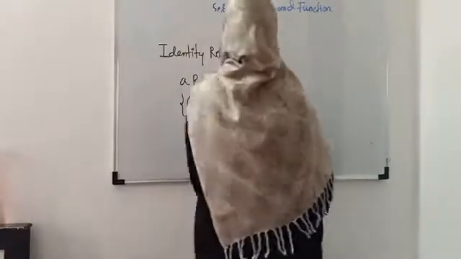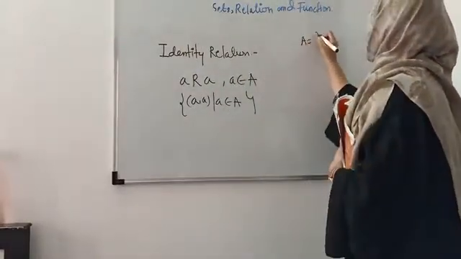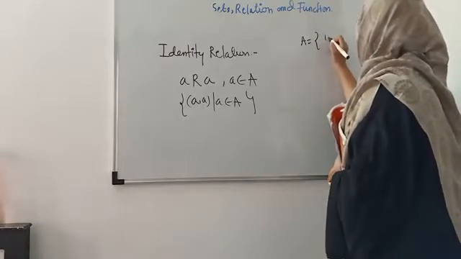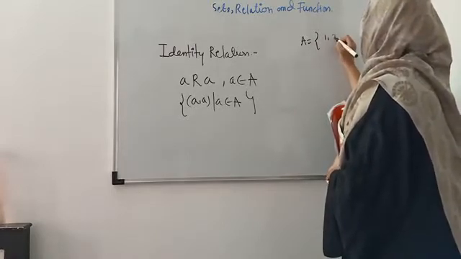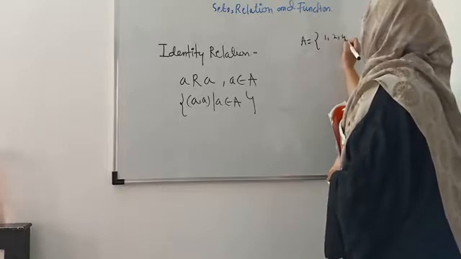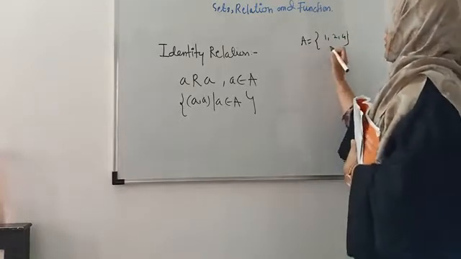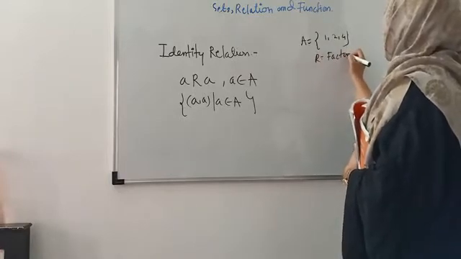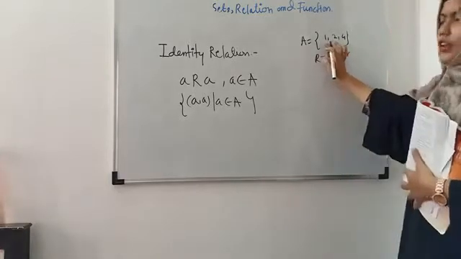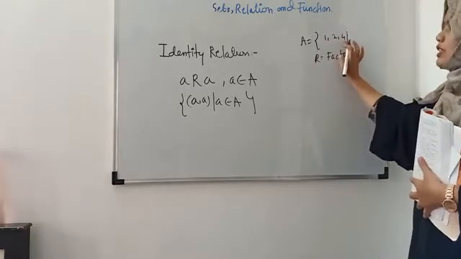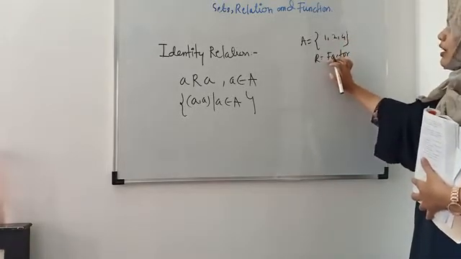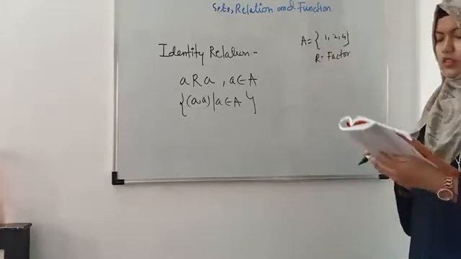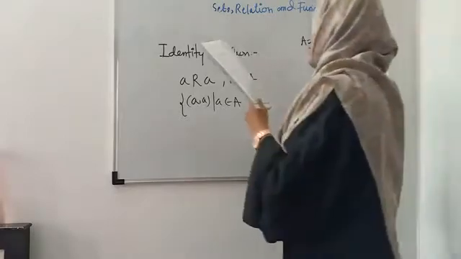Like this, if I say A is equal to {1, 2, 4}, and if I say the relation is factor, so 1 is a factor of 1, 2 is a factor of 2, 4 is a factor of 4, right? And also 1 is a factor of 2, 2 is a factor of 4. Here the identity means what?